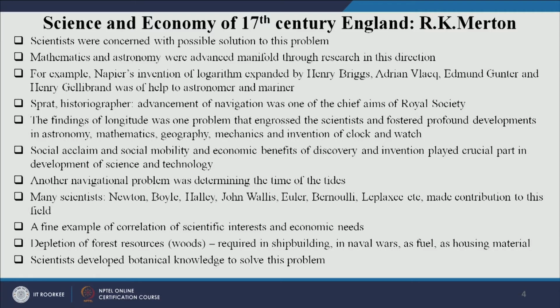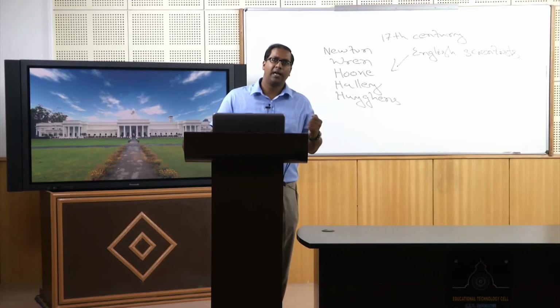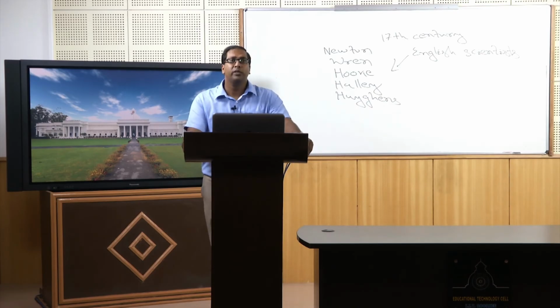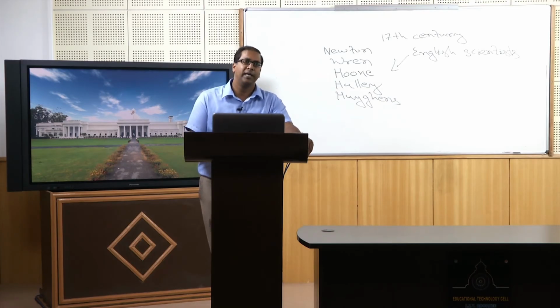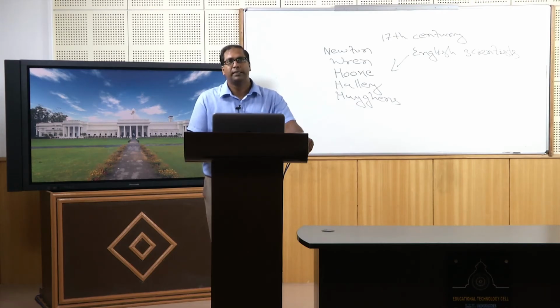Now, one of the important reasons why science and technology developed multifold in 17th century England is because of the social status attached to the scientists. The scientists who could invent, who could come up with new technology, new gadgets, also got more social acclaim, got more social prestige.